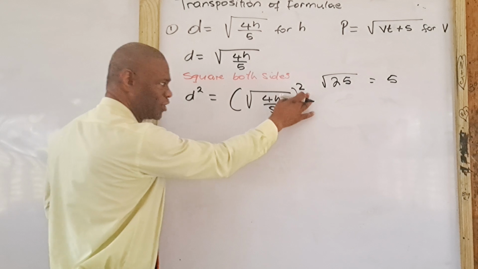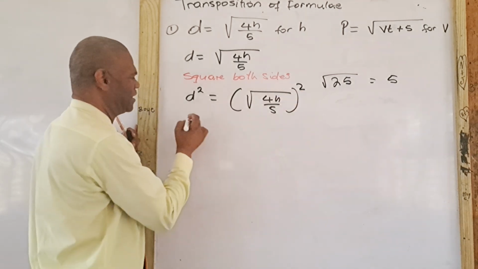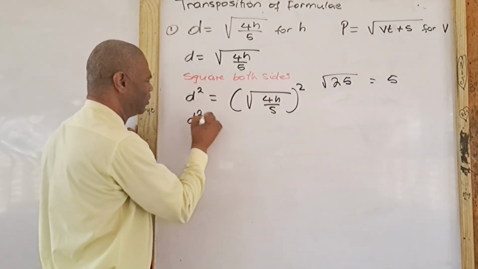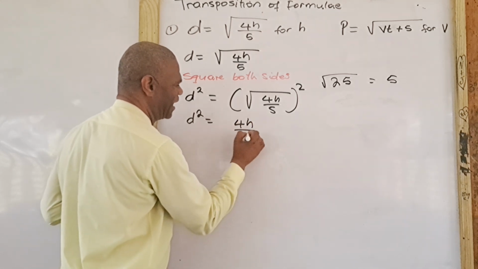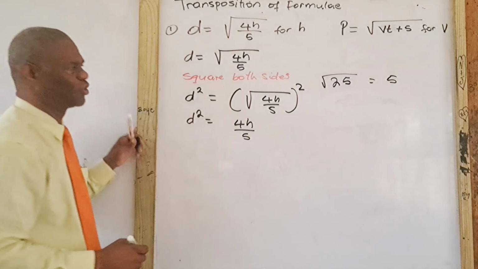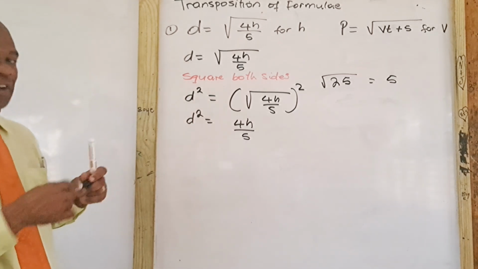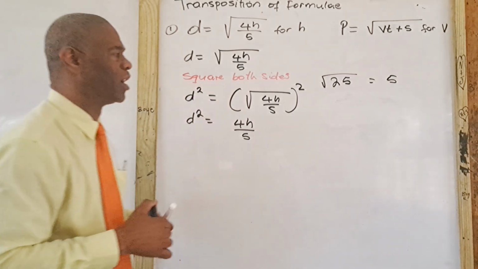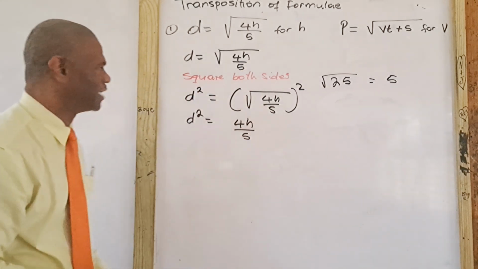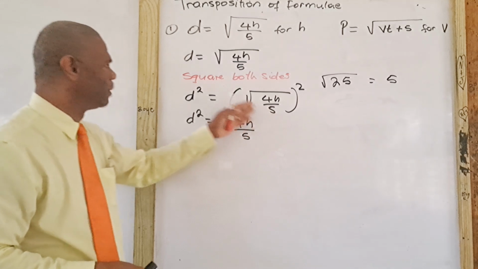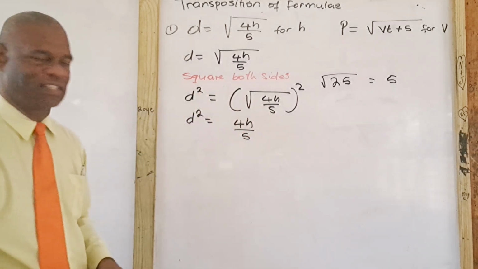Now this should get rid of the square root sign. So I'm now left with d squared equal to 4h divided by 5. Remember, to get rid of the square root, we square it, and we get rid of the square root sign. Whatever we do to one side, we must also do to the other side.